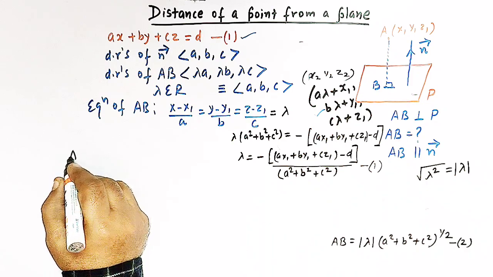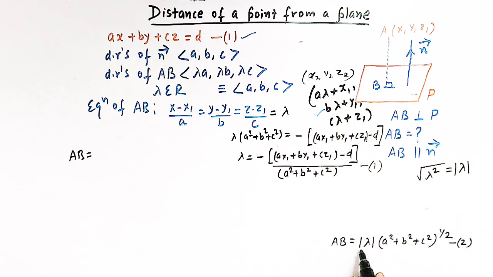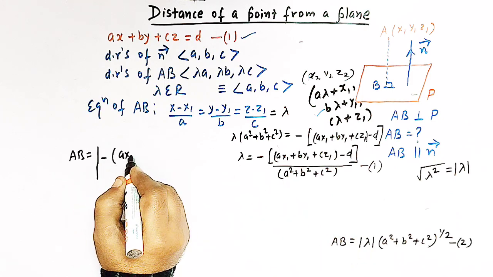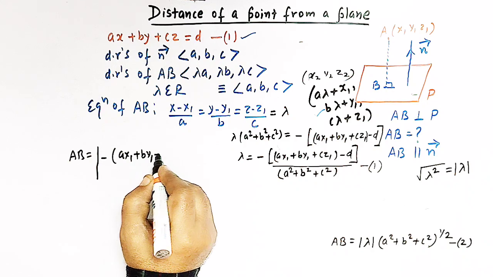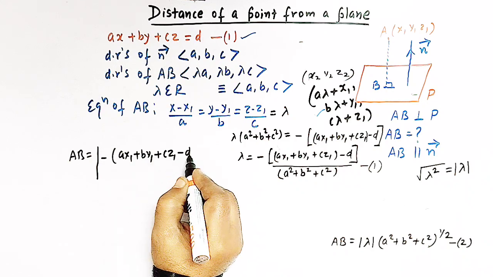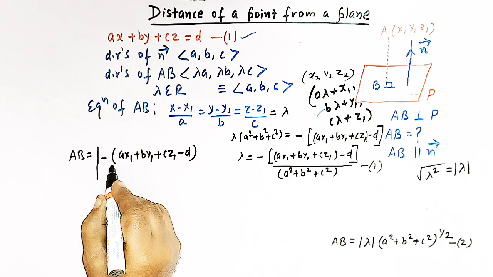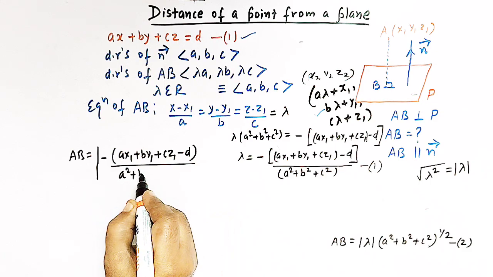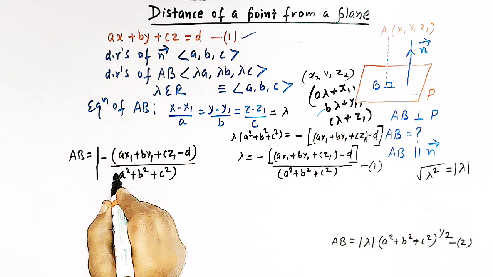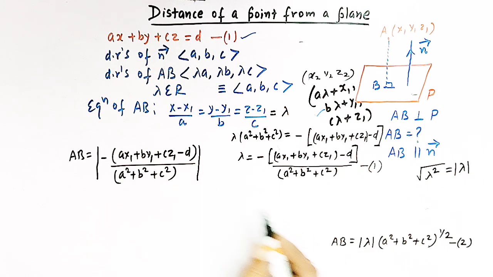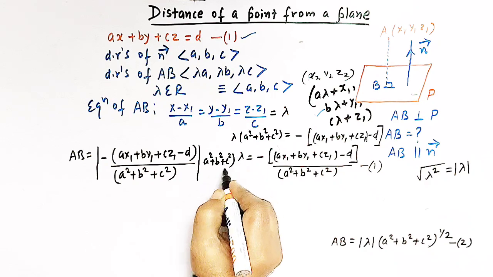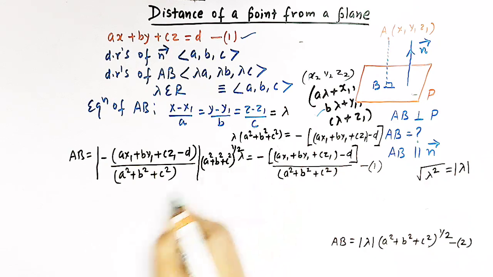So now AB is given by absolute value of lambda, and lambda is negative of ax1 plus by1 plus cz1 minus d, and then here we have the term a square plus b square plus c square, and then here we have the term a square plus b square plus c square raised to half, right?